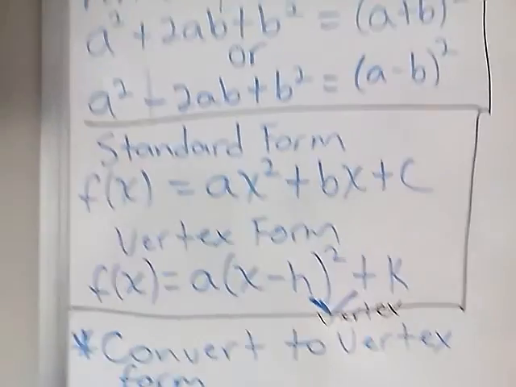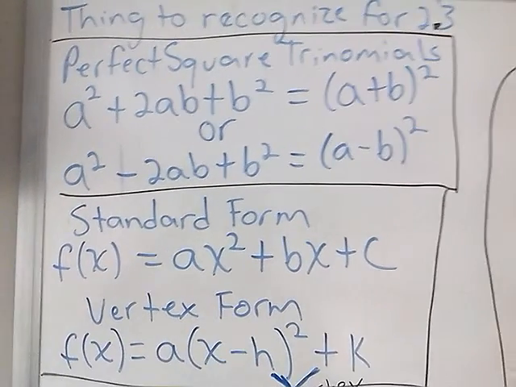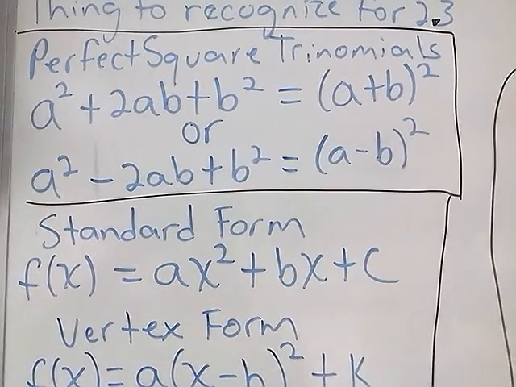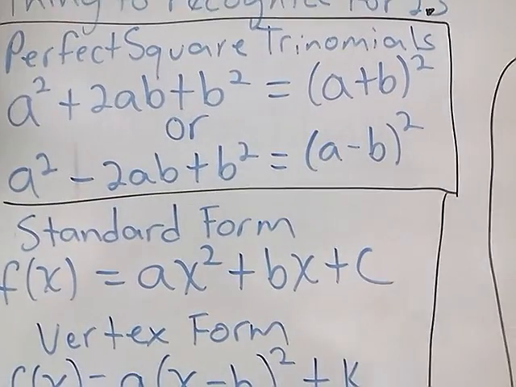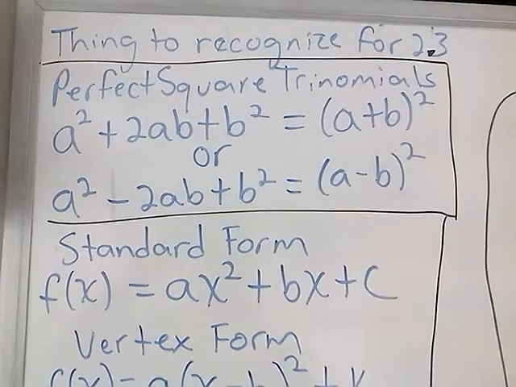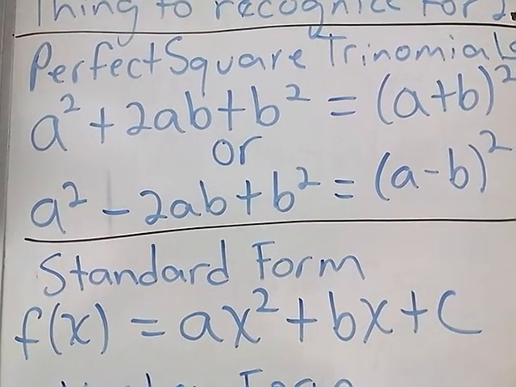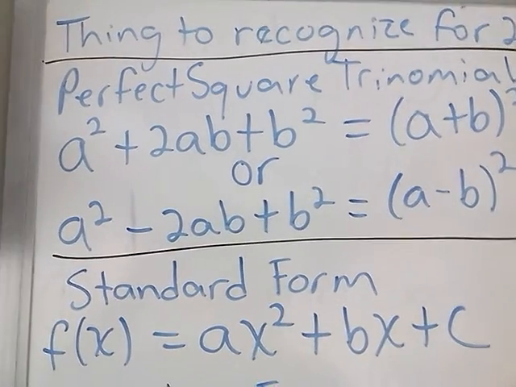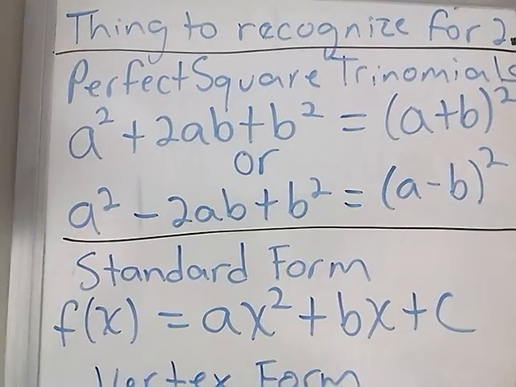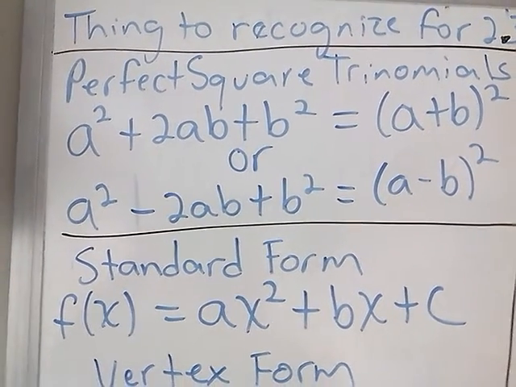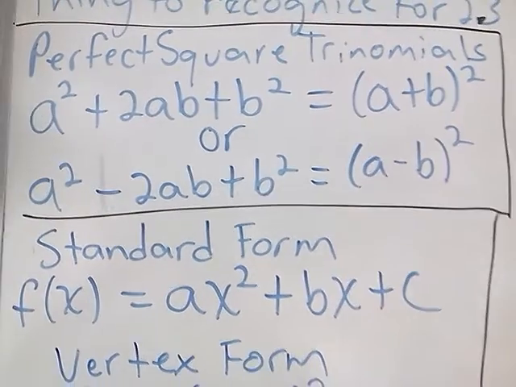Another thing you'll need is to recognize the perfect square trinomial forms. a squared plus 2ab plus b squared is equal to a plus b, and that is squared.